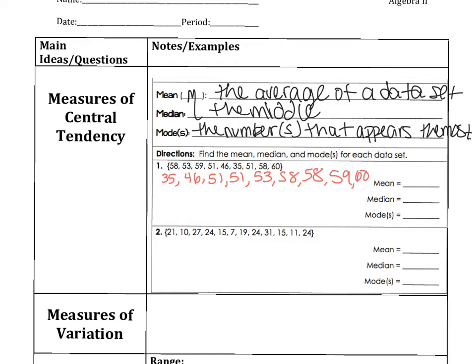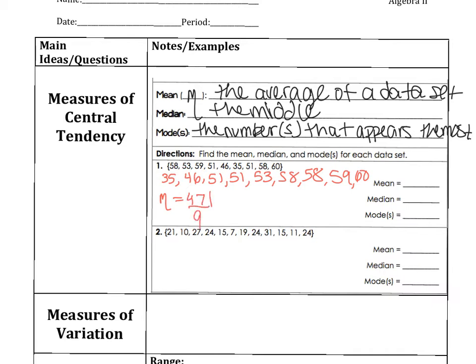As you know, in order to calculate the mean, you have to add up all of the numbers and then divide by the number of numbers in the data set. So when I calculate this mean, I add up these 9 numbers and I get a sum of 471.